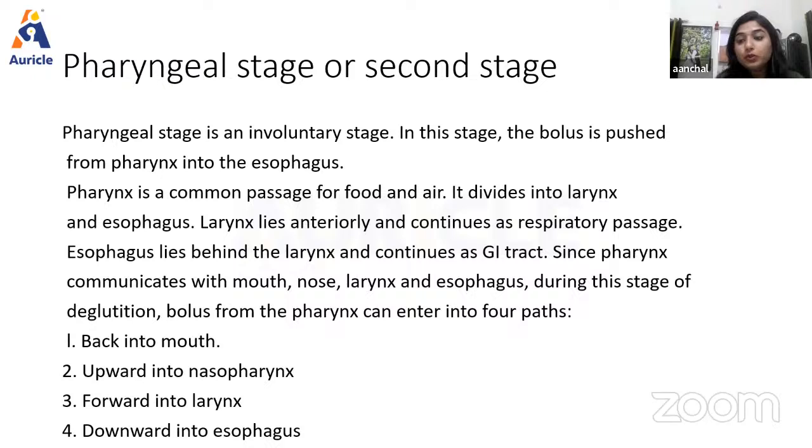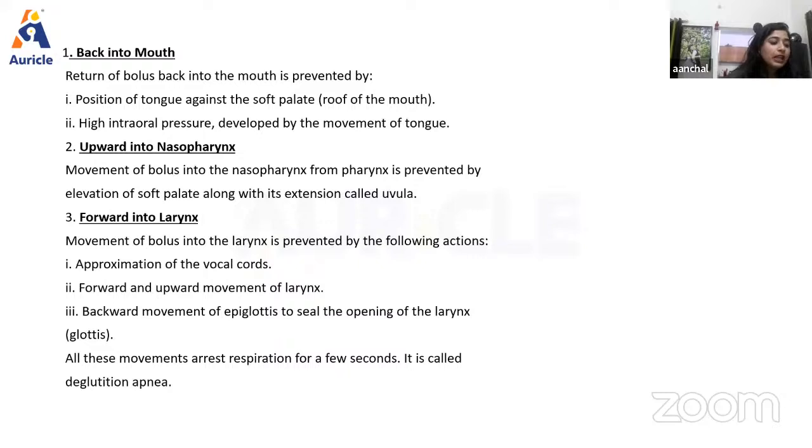Now we're going to discuss those structures which prevent the entry of food from the pharynx into the mouth, into the larynx, and into the nasal cavity. One by one we're going to discuss. So in the mouth, we have the position of the tongue, which is placed in such a way that food cannot return from the pharynx back into the mouth.